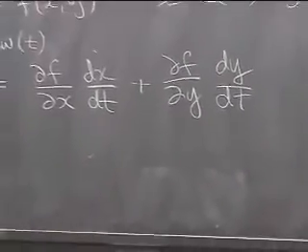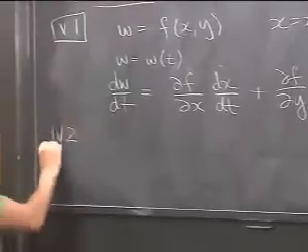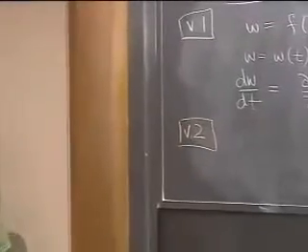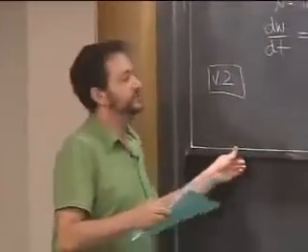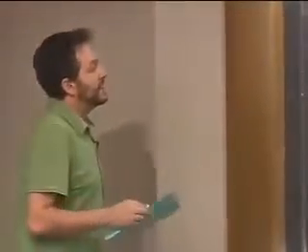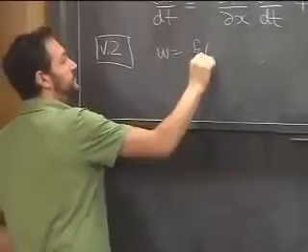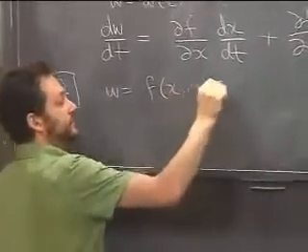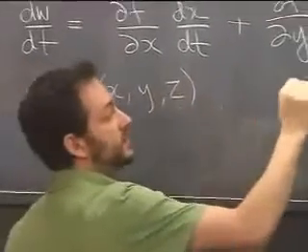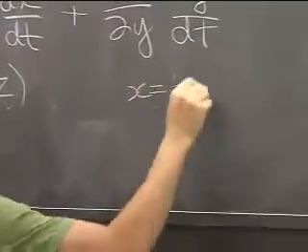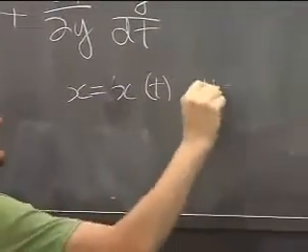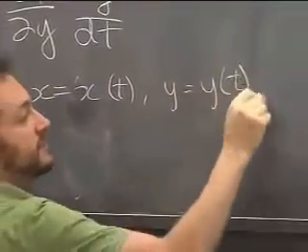So rather than giving any examples yet, I'm going to state some of the other versions, and then maybe we can just do some examples and mix them up a little bit. If instead w is a function of three variables, each of which depend on t, then the formula is basically the same, except now you have the z dependence as well.